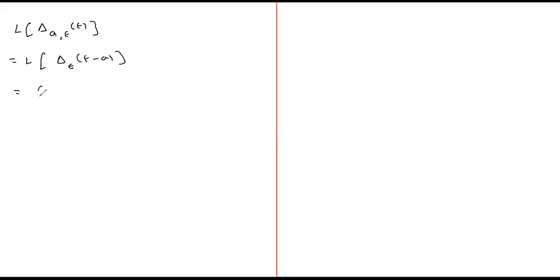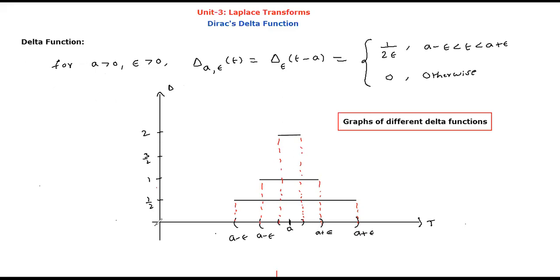What is the definition of Laplace? 0 to infinity e power minus st, times the input. The input is delta epsilon of t minus a dt. That is the definition, right? But delta epsilon is defined only from a minus epsilon to a plus epsilon. You are integrating from 0 to infinity in the Laplace transform, but outside the interval it is going to be 0. So I can write 0 to infinity as 0 to a minus epsilon, plus a minus epsilon to a plus epsilon, plus a plus epsilon to infinity. The first and third integrals are going to vanish.